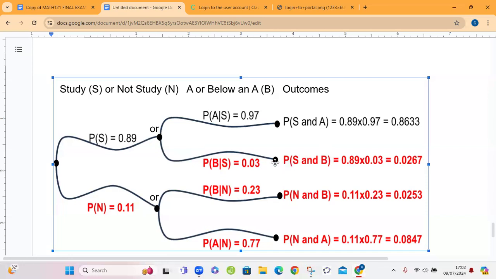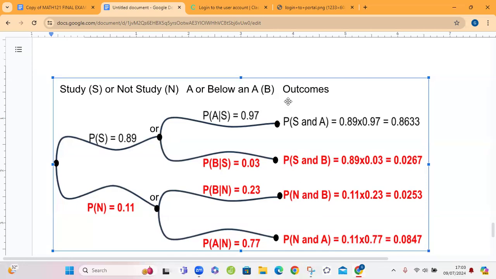Or there's a probability of him studying and getting below an A, and that will be 0.89 times 0.03, 0.0267. Or there's a probability of him not studying and getting below an A, 0.11 times 0.23. Or there's a probability of him not studying and getting an A, which is 0.11 times 0.77.